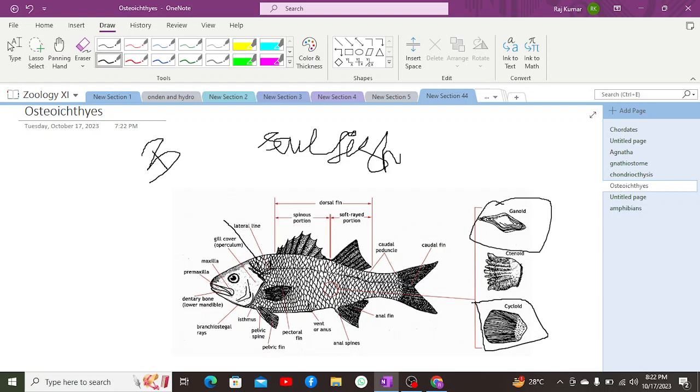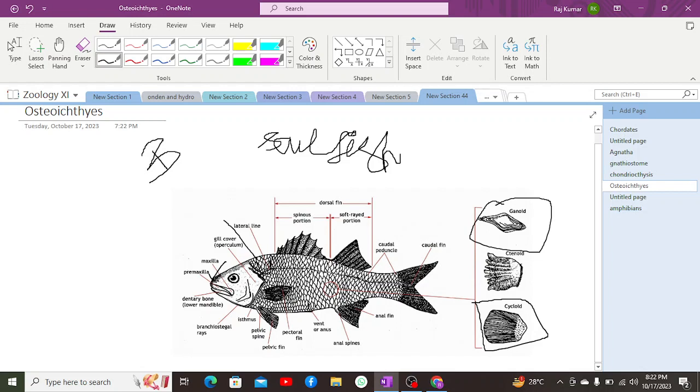Now coming to another point, their mouth is present at the tip of their anterior body.